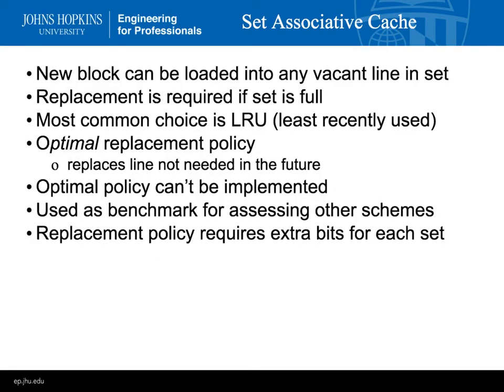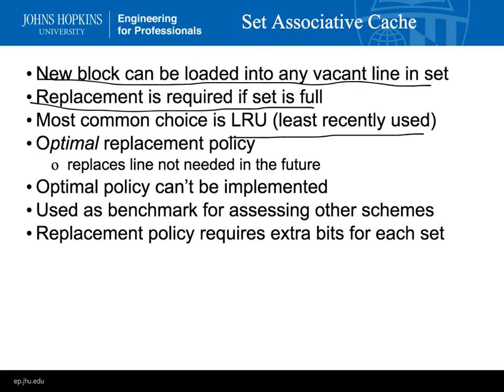So again, in the example on the previous slide, there were 2 spots. When you map something to a set, there were 2 choices where it could be put. So if you want to put something new in the cache, it can go to any vacant line in the set. If all the lines in the set are full, you have to figure out how to replace something. The most common choice, which we're going to look at shortly, is least recently used.